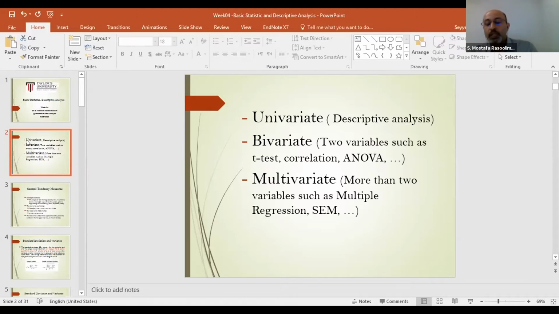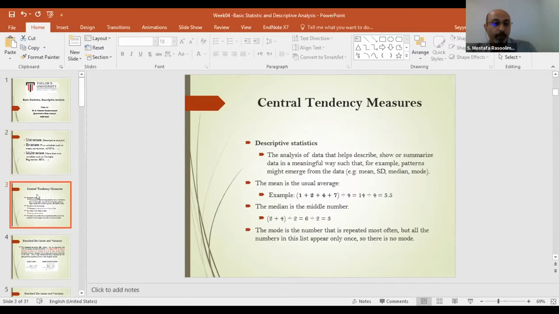You can say the most common analysis techniques are multivariate techniques that we apply to address our objectives and to test our hypotheses. Okay.